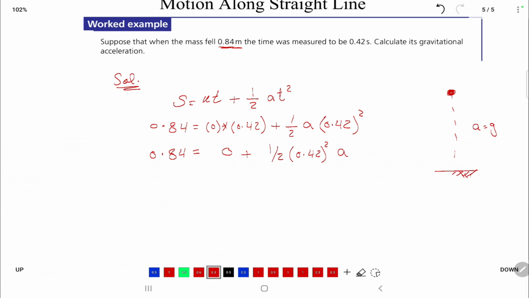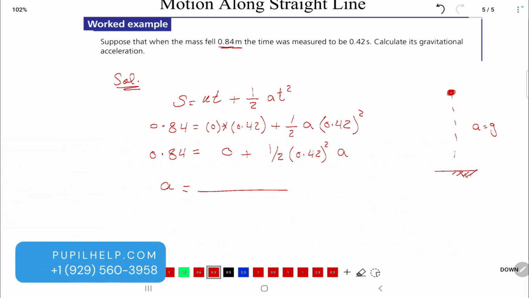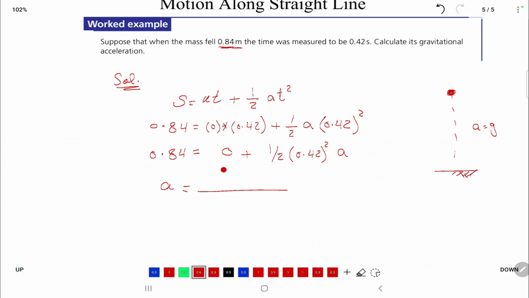So from this equation, we can conclude that acceleration is 0.84 divided by half times 0.42 squared. If you plug these values into your calculator, you will get 9.5 meters per second squared.